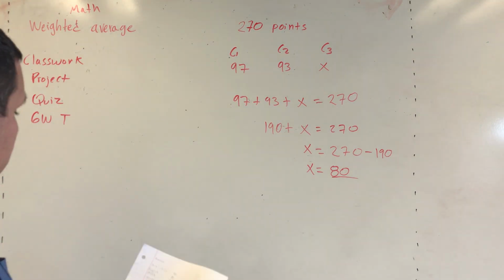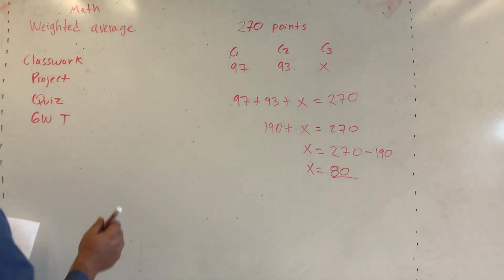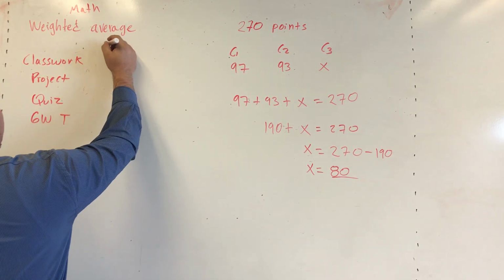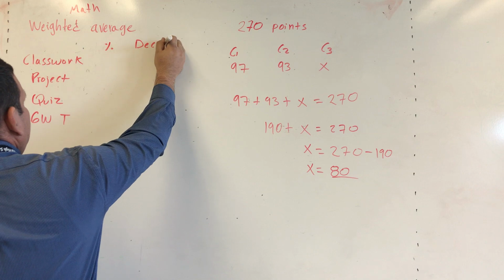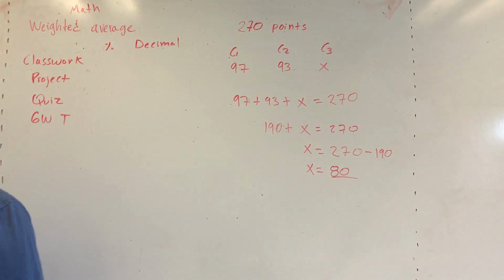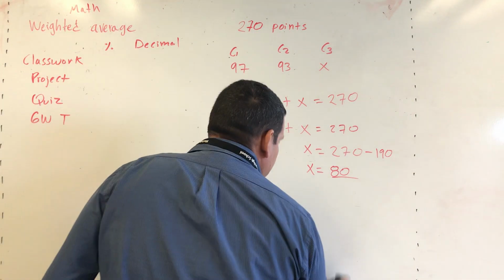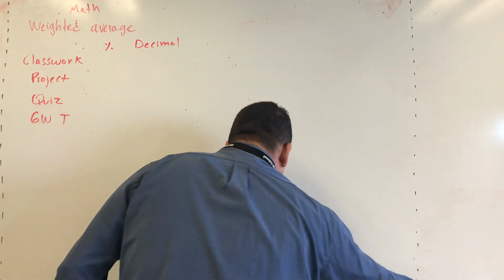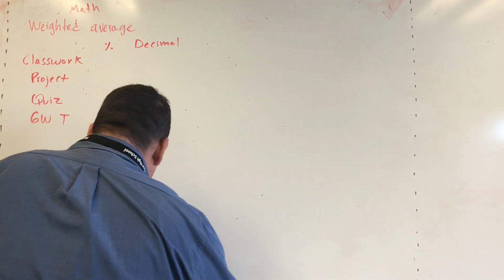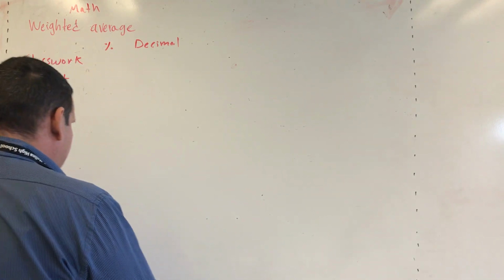Okay, but how do they work? All right, so we have weight that can be expressed as a percentage or as a decimal. Okay, that weight can be represented as a percentage or decimal. Okay, and now we can have the grades.